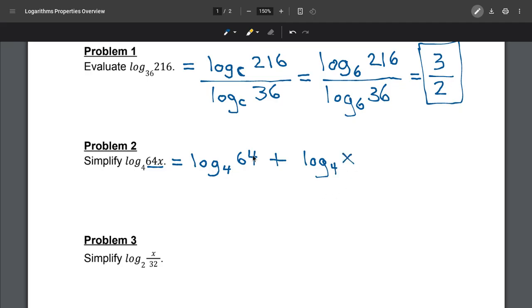Now log base 4 of 64 is 3, because if you multiply 3 fours together, 4 times 4 times 4, that's going to give you 64. So this here is 3. We don't know much about x, so we're just going to keep this as plus log base 4 of x.